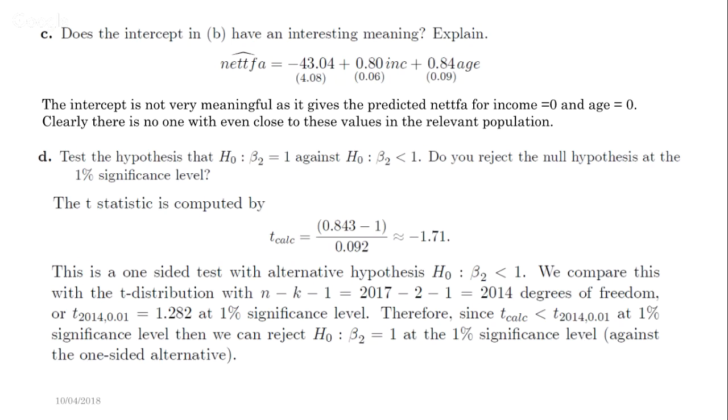At 1% significance level. So be careful. Has anyone used a blanket rule where you compare the absolute value of the t-stat and the absolute value of the critical value, and if the absolute value of the t-stat is larger, we reject our hypothesis?